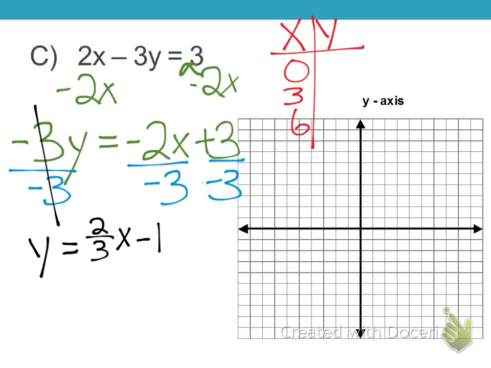Okay? So, let's start it off. Y equals 2/3 times 0. Well, that's just 0. And what's 0 minus 1? -1. So we graph that guy. Side to side 0, down 1.